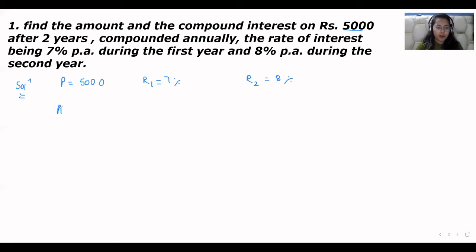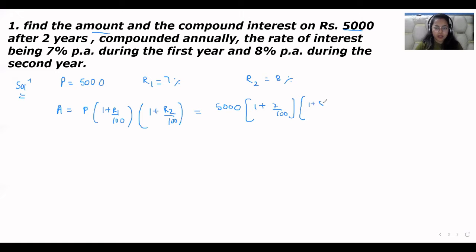So what is our formula? Amount is principal times (1 plus rate 1 over 100) times (1 plus rate 2 over 100). Put the values: principal is 5,000, times (1 plus 7 over 100), times (1 plus 8 over 100).